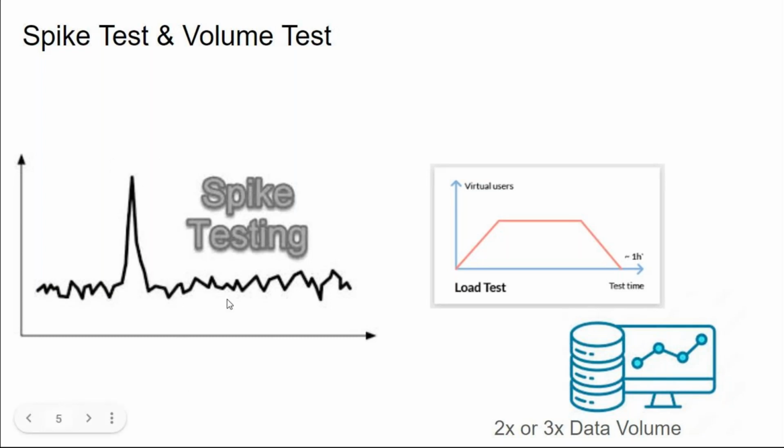If the customer is expecting this kind of sudden burst of load in the future, they will obviously ask you, okay, we are expecting this kind of scenario for our application, so we need a spike test.